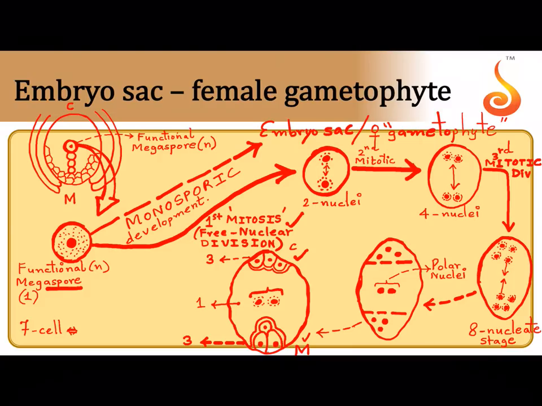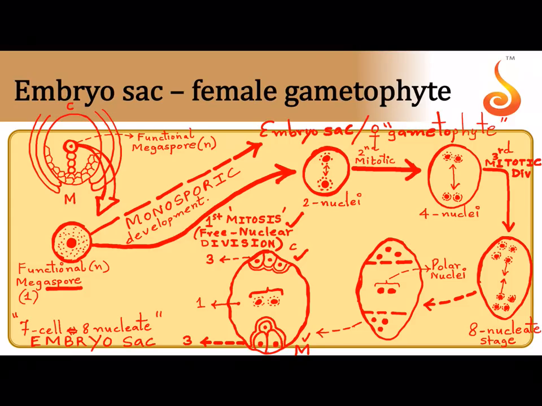So how many nuclei? 8 nucleate. Now this structure which has 7 cells and 8 nuclei is what is referred to as the embryo sac.